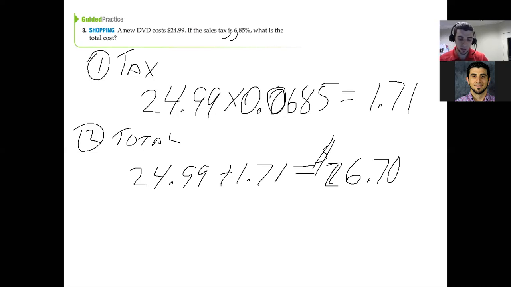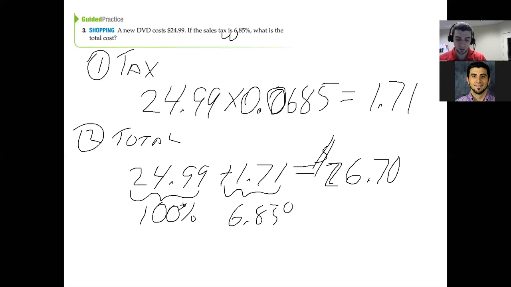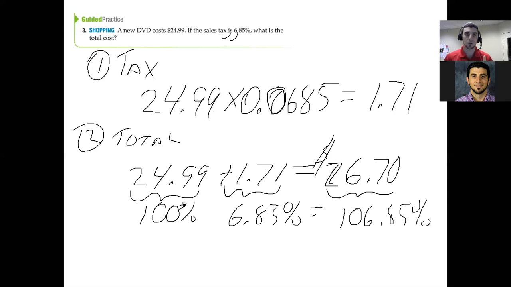Okay, so you could do this problem in one step by, if you think about it, here's what happened. The $24.99 is 100% of the cost, and the $1.71 is the 6.85%. So really, the $26.70 ends up being 106.85% of the original cost. So what you can do is take the original cost and multiply it by 106.85%, but make it a decimal, 2 places to the left, to be 1.0685.